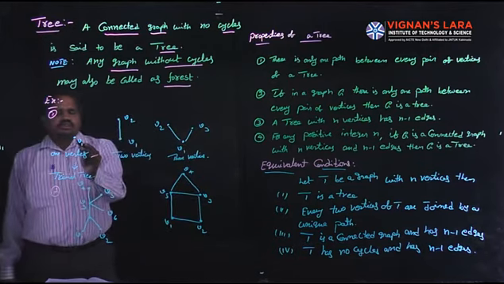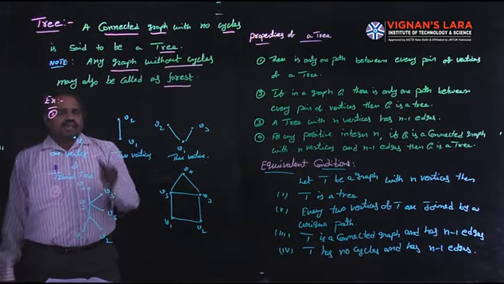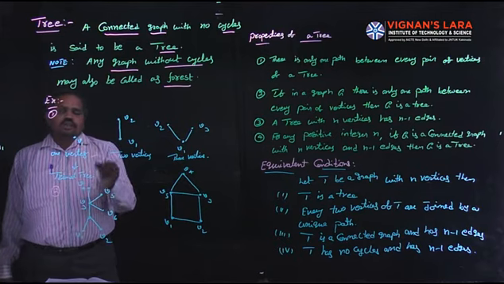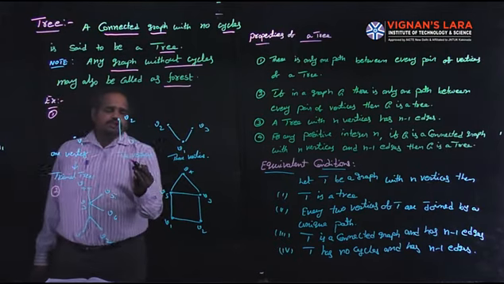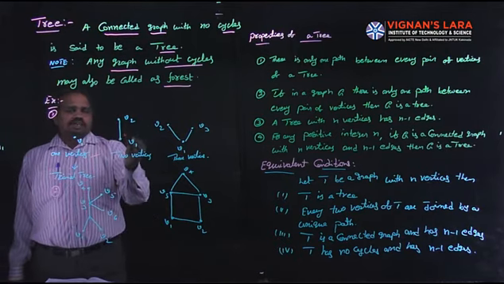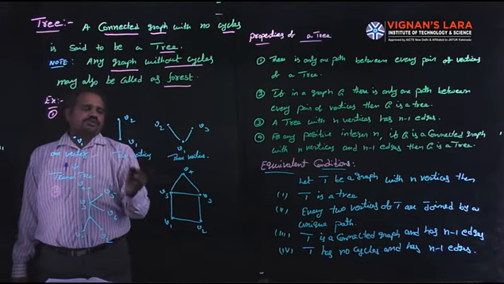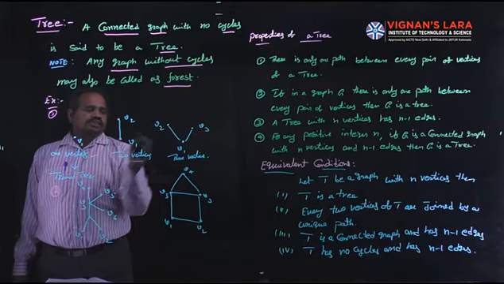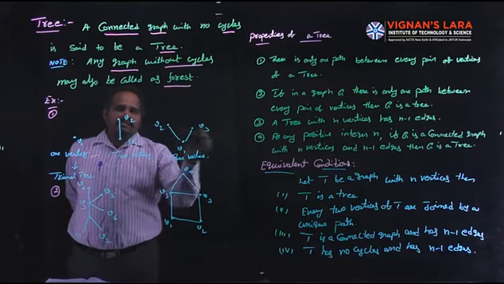Coming to here, there is only one vertex and there are no cycles and it is connected, so it is a tree. Coming to this one, two vertices, there is a path between these two vertices, and it is a connected graph with no cycle, so it is also a tree. Coming to this one, I have three vertices.